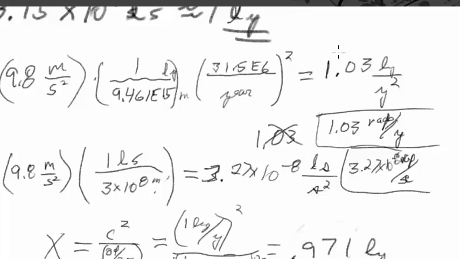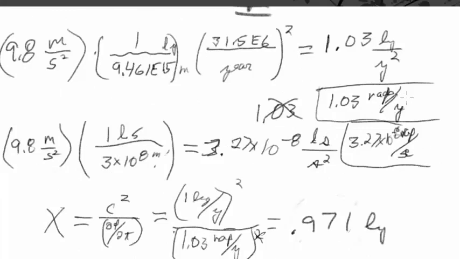Both of these can be expressed as a number of rapidians per year, and that is our proper acceleration. Sorry, 1.03 rapidians per year, or 3.27 times 10 to the negative 8th rapidians per second.